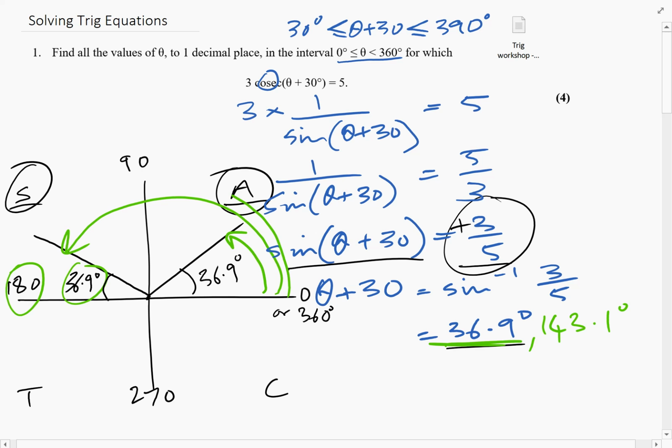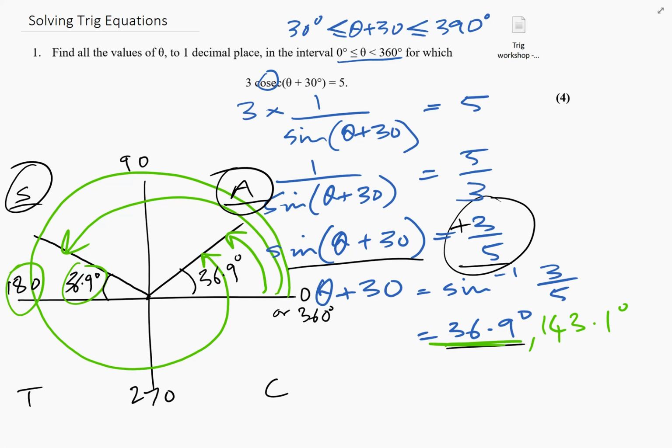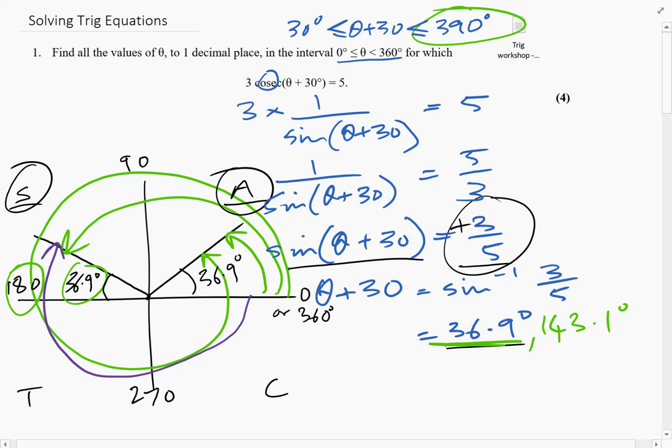And if we carried on going around again, that would be 396.9. But as you can see, that's outside our range, so we wouldn't want that. Also, we don't want any negative values. If we did want negative values, we'd go backwards and we'd have a value there of minus 216.9. But we don't want any negative values because our lower bound for our range is plus 30.